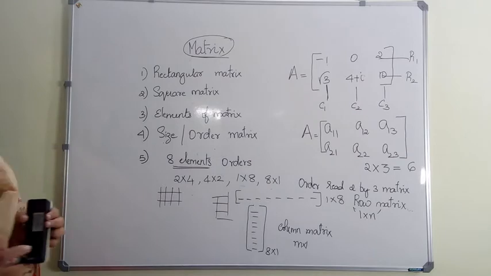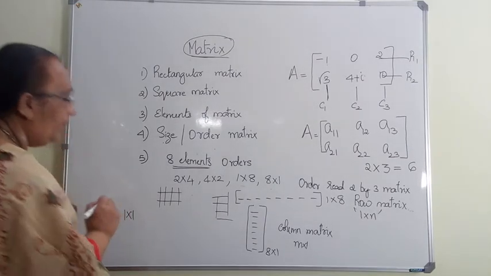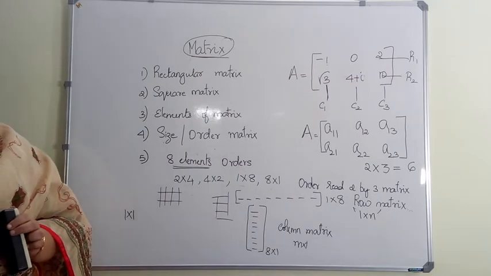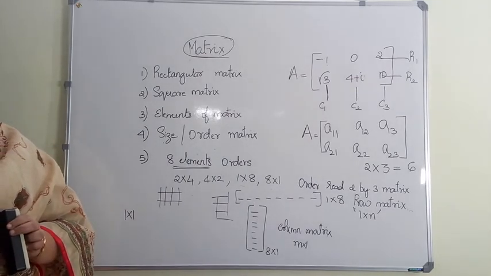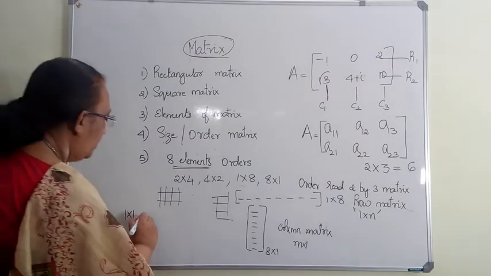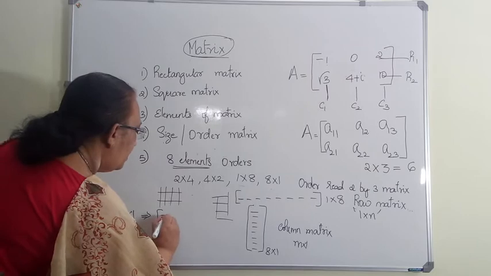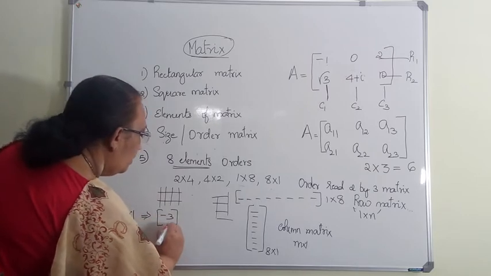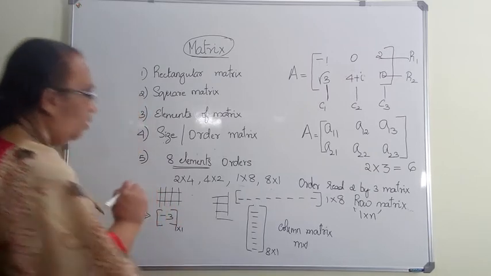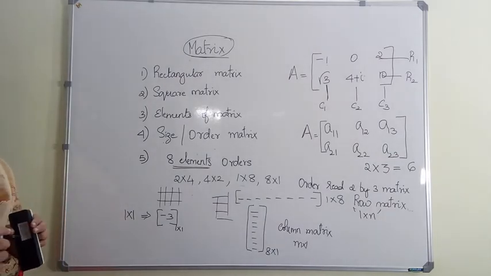Can anyone give an example of a square matrix of order 1 by 1? What is the meaning of 1 by 1? It has 1 row, 1 column. So the 1 by 1 matrix is equal to, let us say, -3. This is a matrix of order 1 by 1 and it is a square matrix.